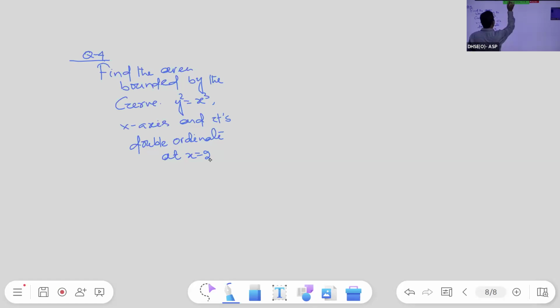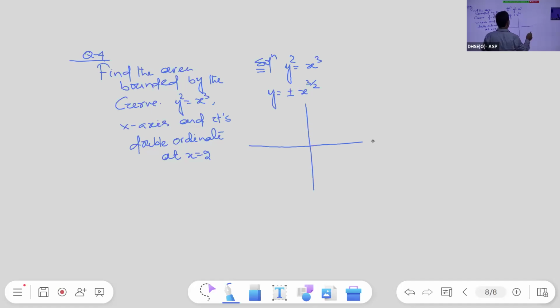Y square is equal to x cube. So y is equal to plus or minus x raised to the power 3 by 2. The structure of the curve is like this.